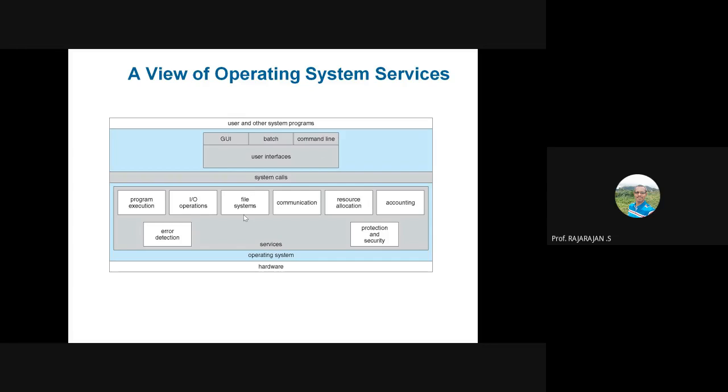The next service is system calls. Now I'm going to tell you that, so far in what we have discussed, this has to be considered the most important question: explain the types of system calls, examples of system calls, what are system calls.